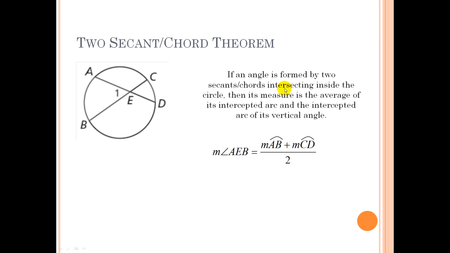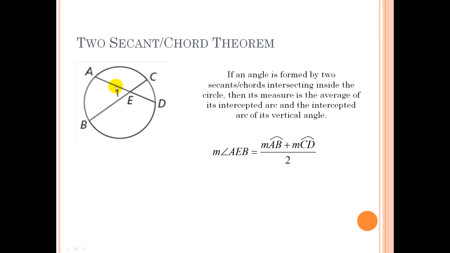Then its measure is the average of its intercepted arc and the intercepted arc of its vertical angle. So if you look at the measure of angle AEB right there, angle 1, it says that its measure, how many degrees that is, is the average of its intercepted arc, so arc AB, and the intercepted arc of its vertical angle, so arc CD.